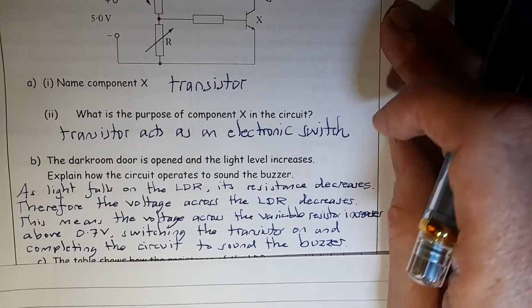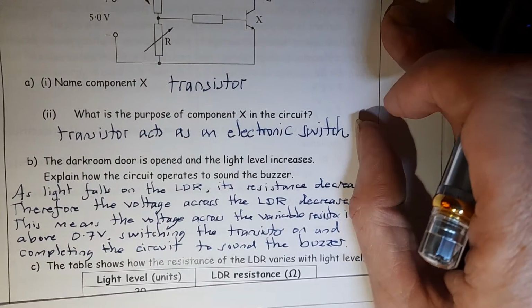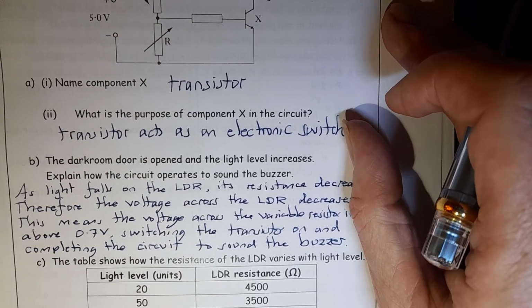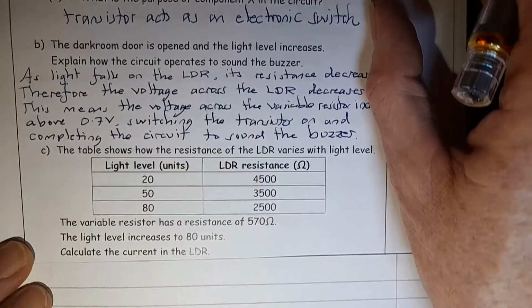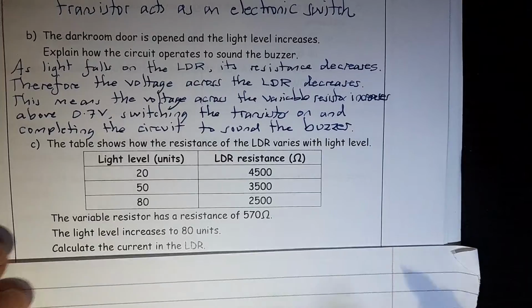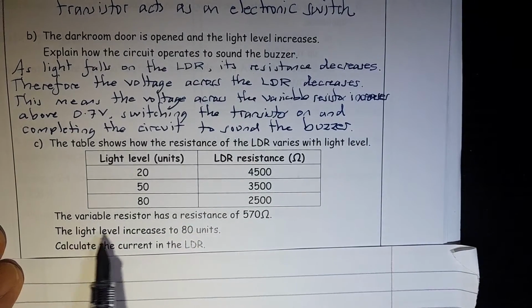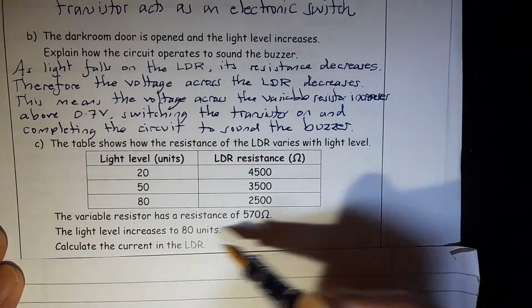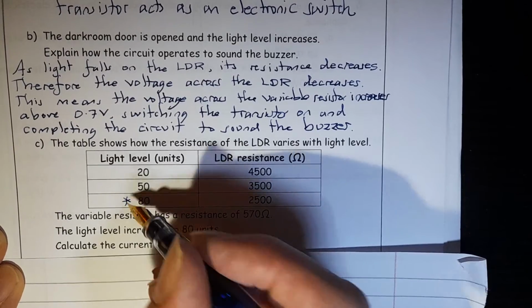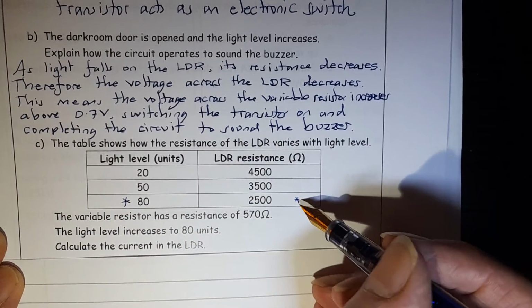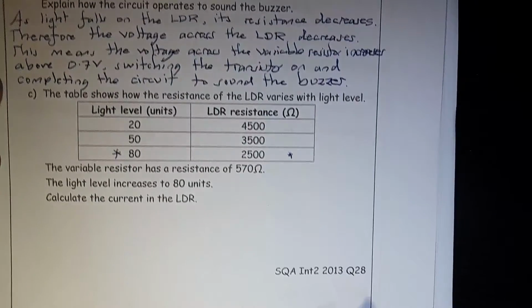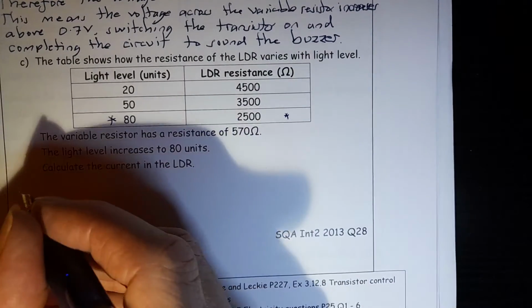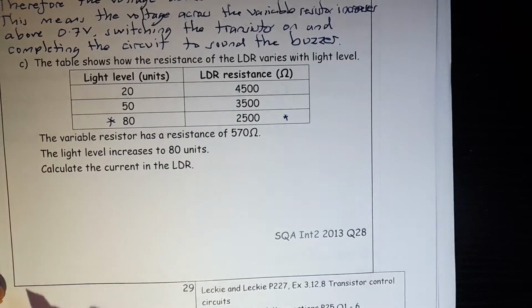Last part is to calculate the current flowing in the LDR. So here we've got the light level increasing to 80 units. What you need to notice there is that when you're at 80 units, then you're looking at 2,500 ohms. So for this one, I'm going to start gathering together the information I have.